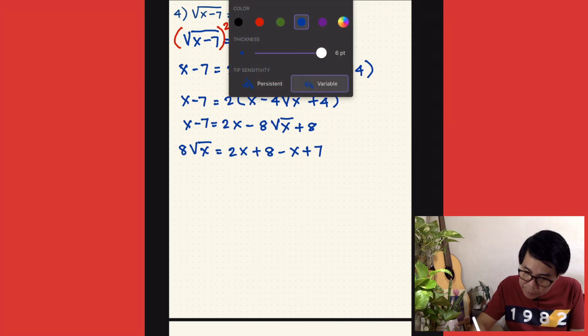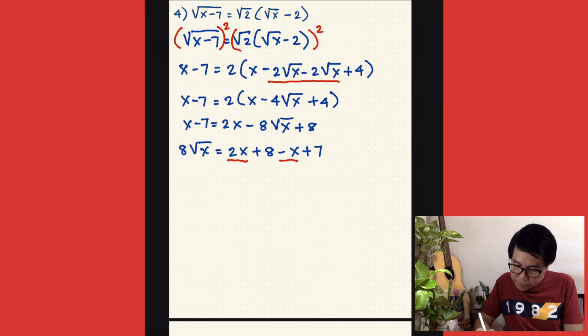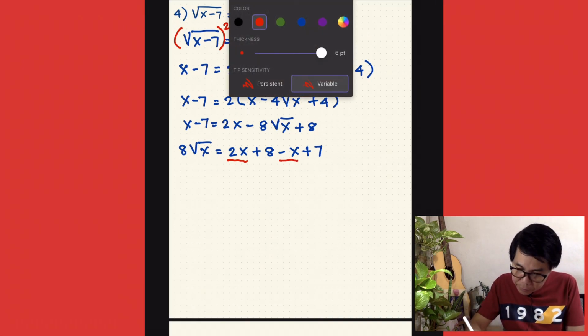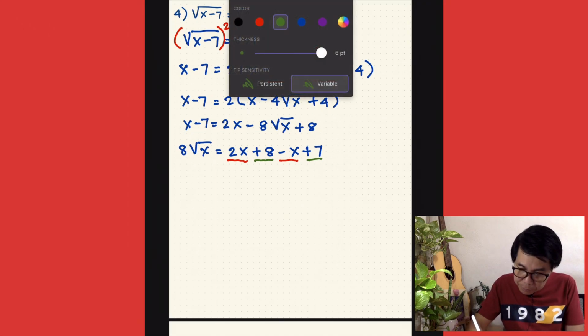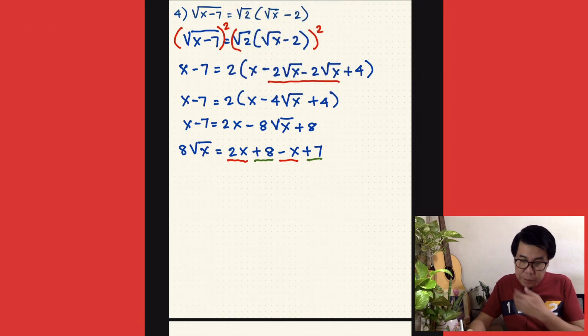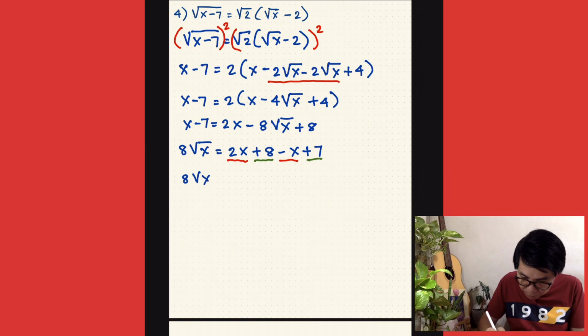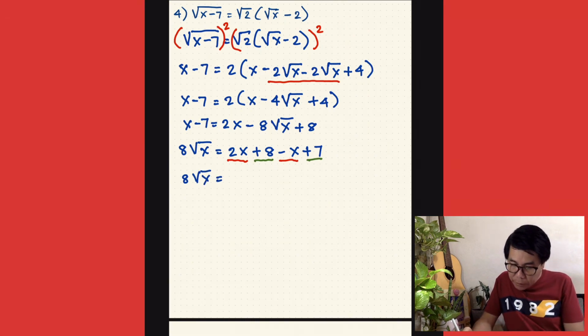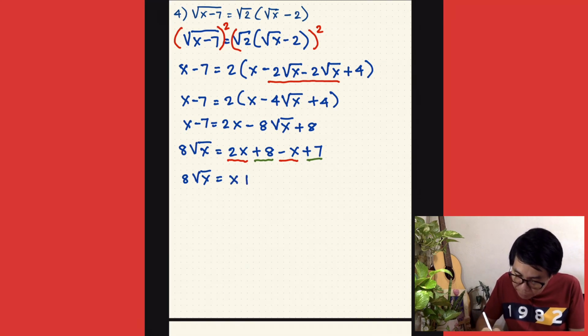The 2x and minus x can be combined, and positive 8 and positive 7. So we have 8 square root of x equals 2x minus x is x, and then plus 8 plus 7 is 15.